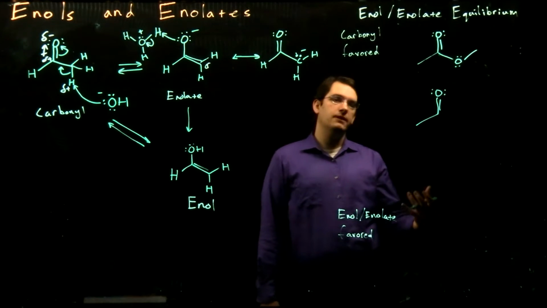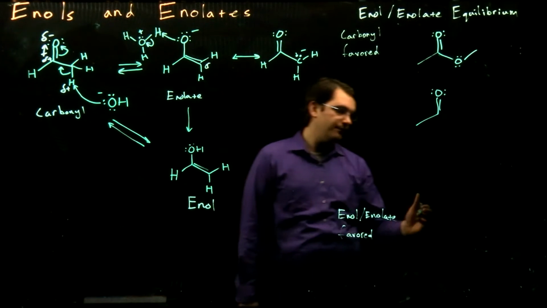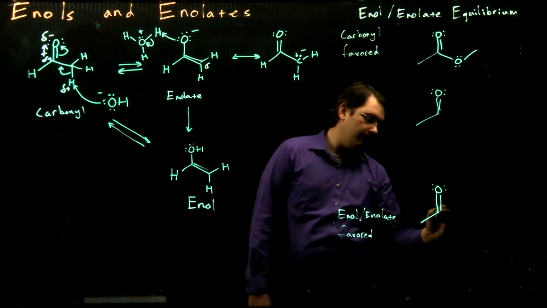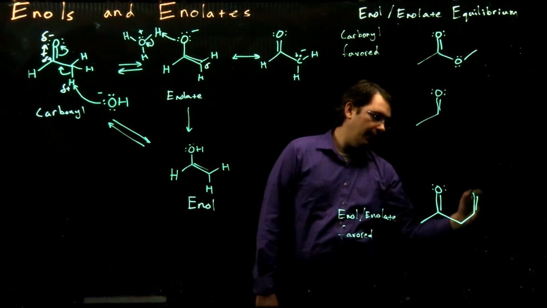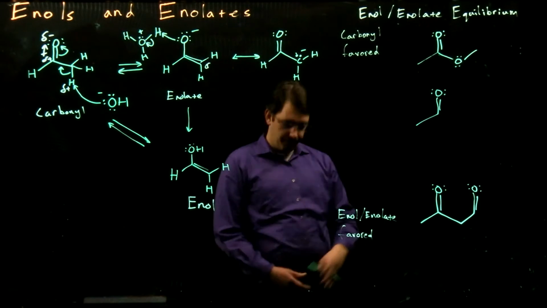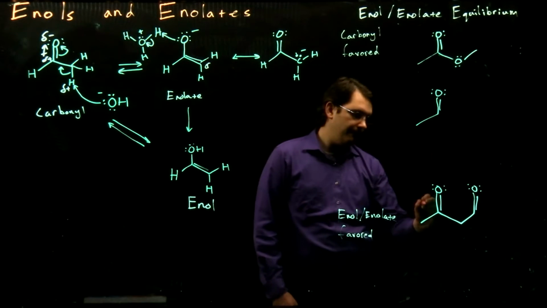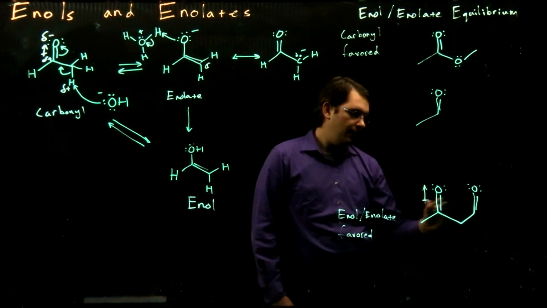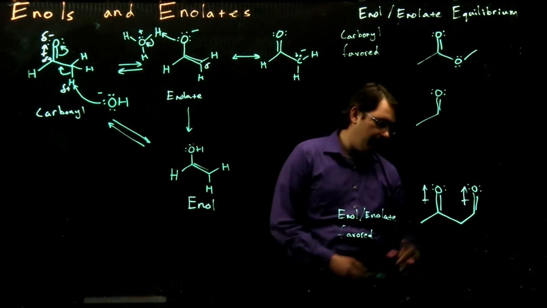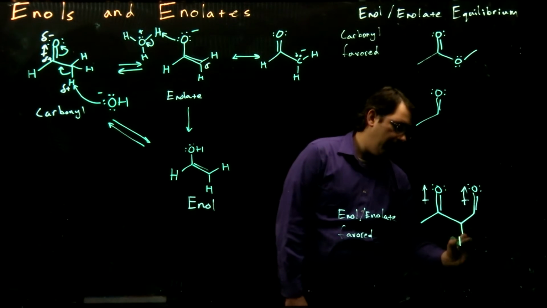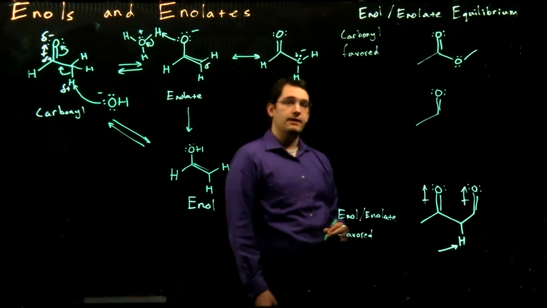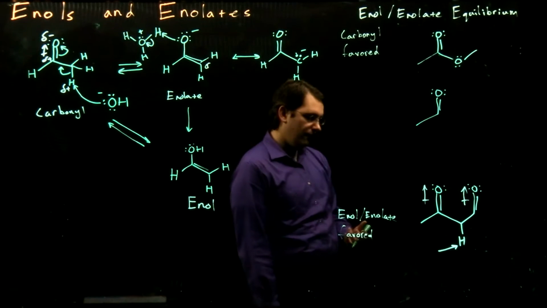And the compounds most likely to form enols or enolates are going to be compounds that have dicarbonyls. So if we have two carbonyls, right, these will both exert their inductive effect, and our carbon here in the middle between those two carbonyls will have a much more acidic hydrogen to easily lead us into that enol or enolate form.